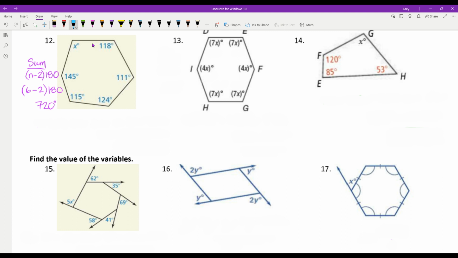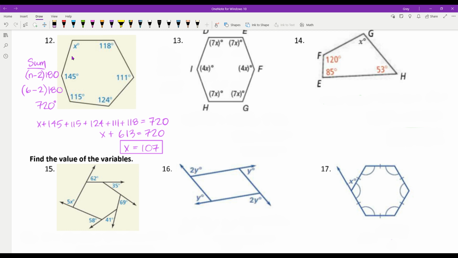So I know that all of these numbers are going to add up to 720. So I'm going to write that out. So X plus 145 plus 115 plus 124 plus 111 plus 118 equals 720. And when I add up all those numbers, I'm going to get 613. So X plus 613 equals 720, and X equals 107.